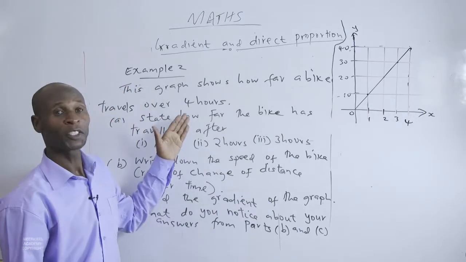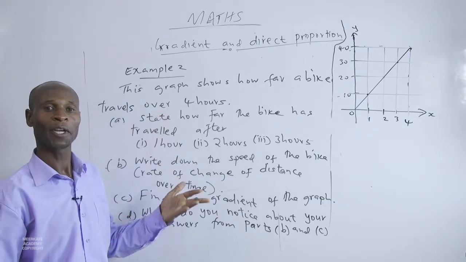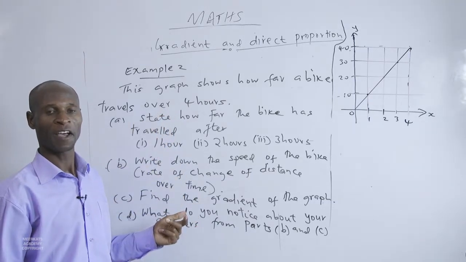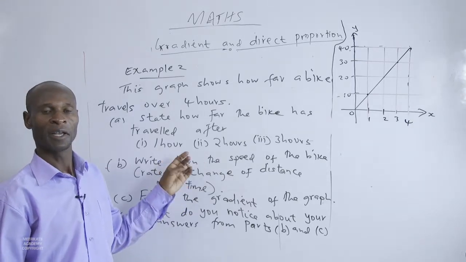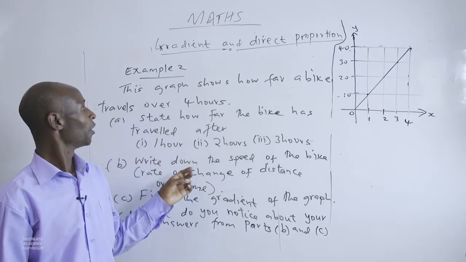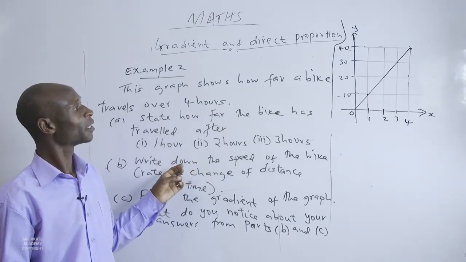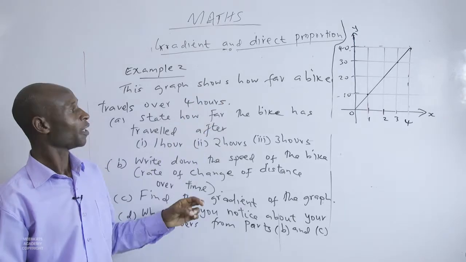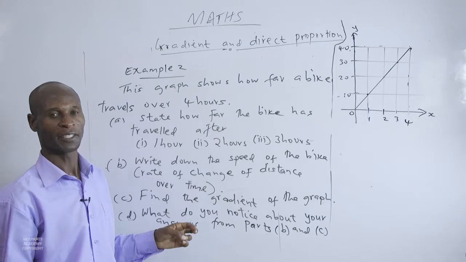Now, we want to look at the second illustration, which can assist us to understand further the connection between gradient, rates of work problems, and the connection between direct proportion and gradient.